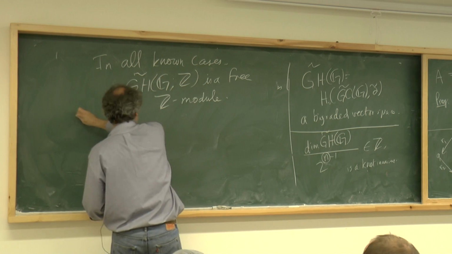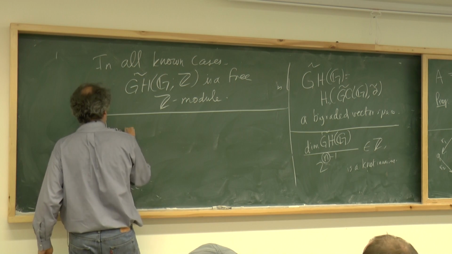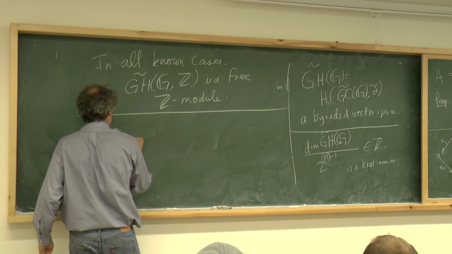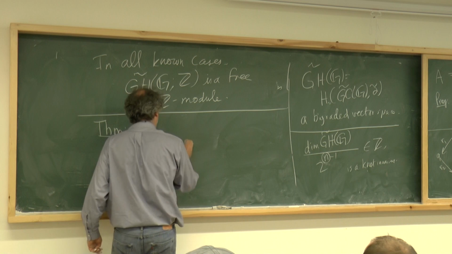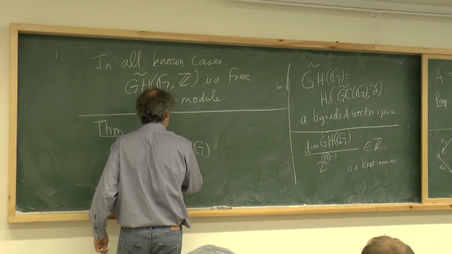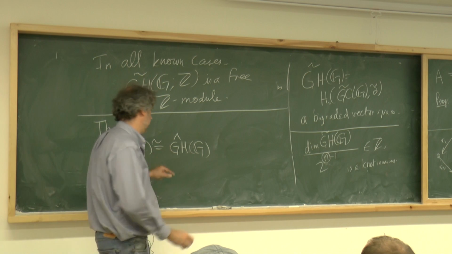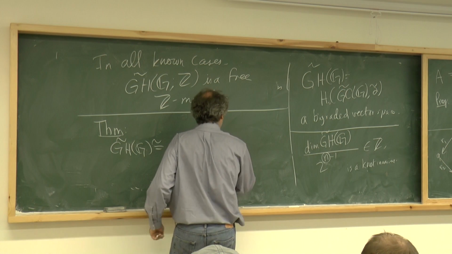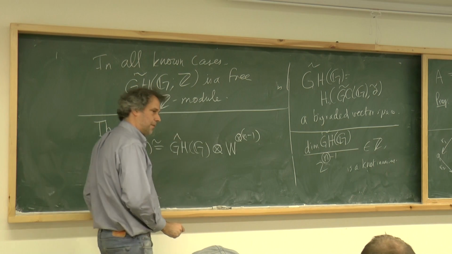The more precise statement is the following theorem: the grid homology of a grid diagram is isomorphic to a different grid homology, which is the non-invariant that I talked about last time, tensored with a two-dimensional vector space raised to the n minus first power.